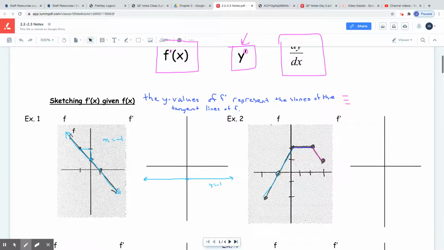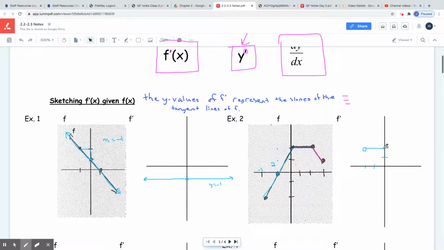It starts here at -1, goes up 1, 2, and to the right 1. So the slope of this line is 2. We are going to draw a horizontal line for 2. However, what are the x values it's happening at? It starts at -2 and ends at 0. So from -2 to 0, we're going to draw a horizontal line.